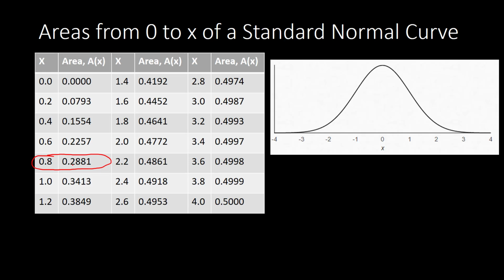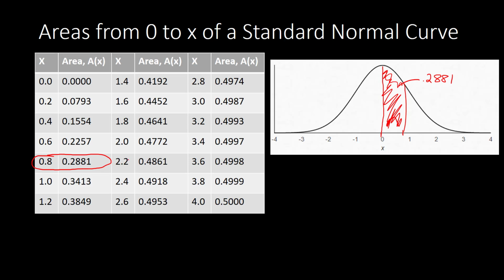What the area means is that if you were to find the area between 0.8 on the x-axis, so 0.8 is right here, approximately, the area between 0.8 and 0 would be 0.2881. So this area is 0.2881. And that is how to read the table.